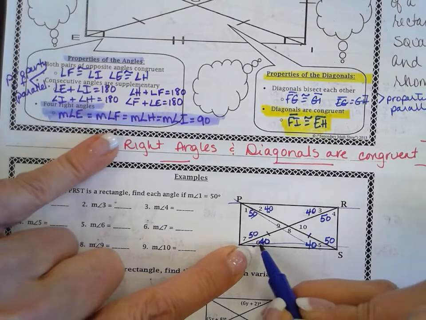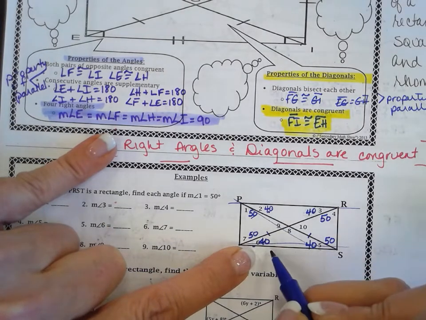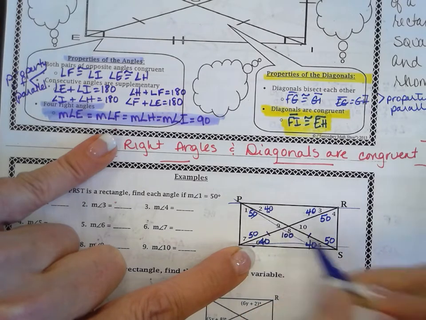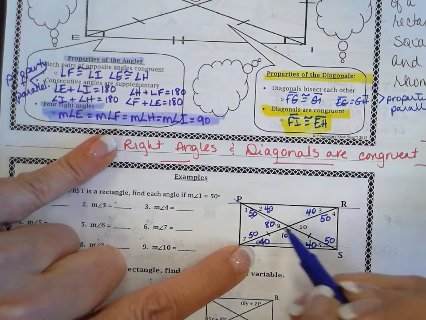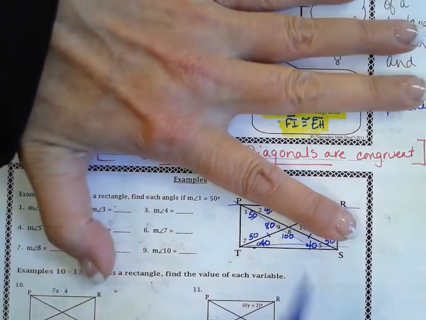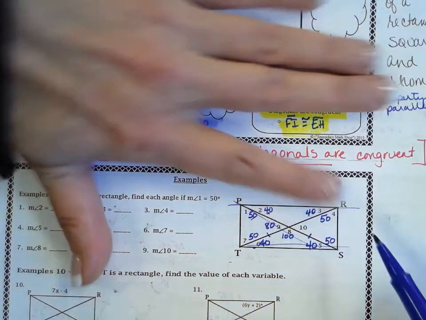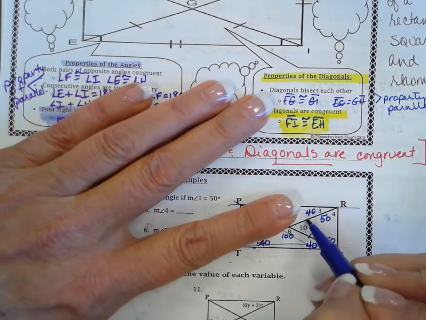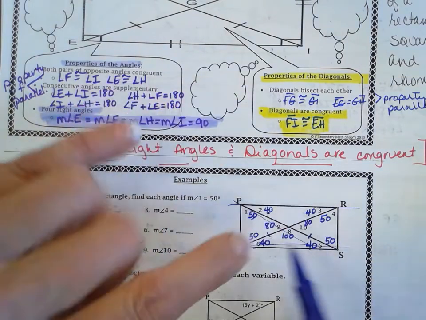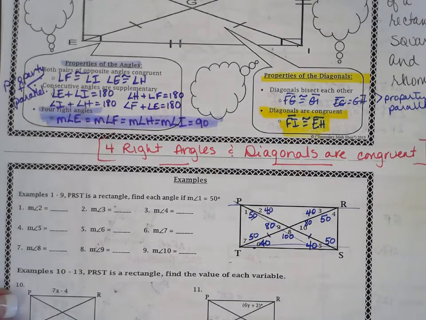And then since this is 40 and 40 are 80, and my triangle is 180, that's going to make this 100, which then makes this 180 because they're supplementary, or a linear pair. And then that makes this one 80 because of linear, or you could say because of vertical angles, all sorts of different ways to go about that one.